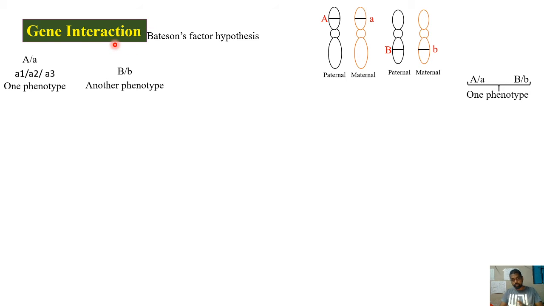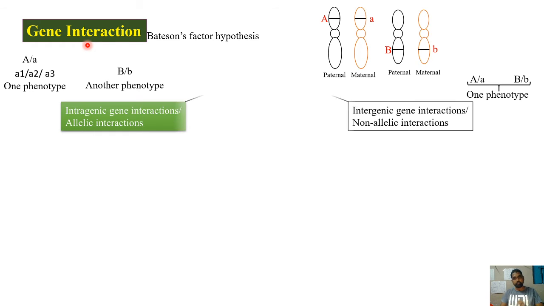But before going into that, we will see how these gene interactions are actually classified. This particular type, which we have seen so far in the case of dominance, which we have discussed in monohybrid and dihybrid crosses, comes under intragenic gene interaction or allelic gene interaction, because the interaction is between only two alleles.